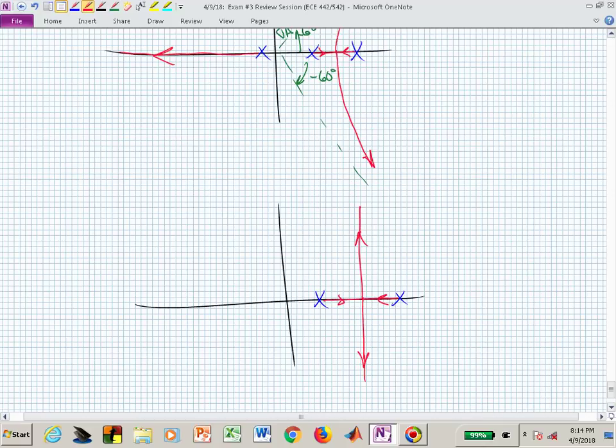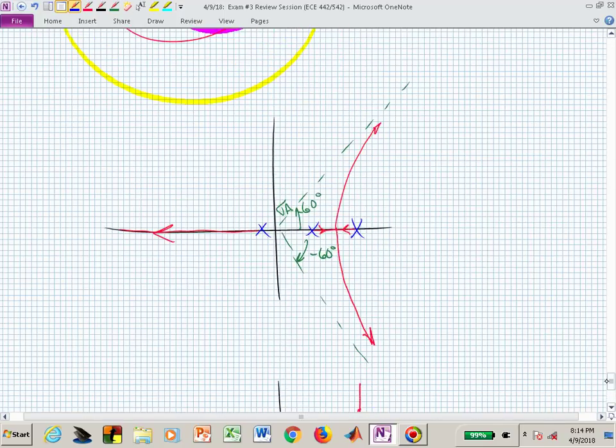Here it's 180 degrees divided by 2, that fundamental angle. That's 90 degrees. Don't worry so much about the 3. The nice thing here is you need to be able to find the real line segments that belong to the root locus and how many branches there are. That's in our first 3 rules, isn't it?